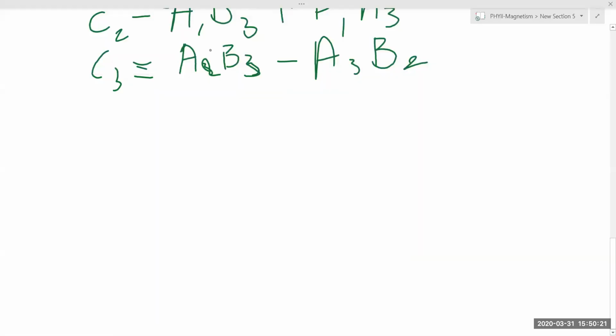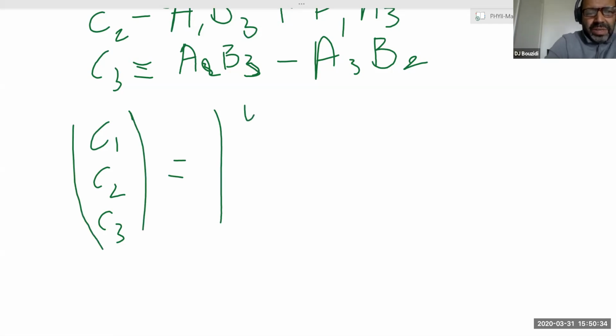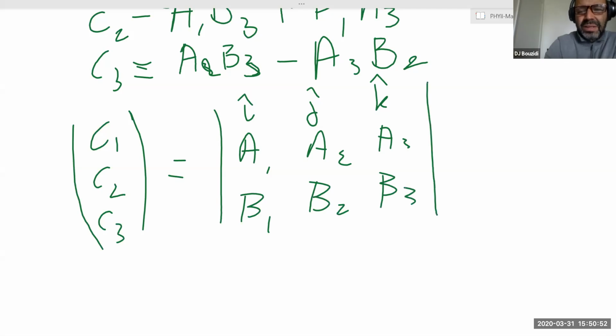Okay. So the vector C1, C2, and C3, basically, if you're trying to find this vector, you take the determinant. You take the I hat, J hat, K hat components, and you start with the first vector of the product, which is A. So this is A1, A2, A3, and then this is B1, B2, and B3, in terms of components.